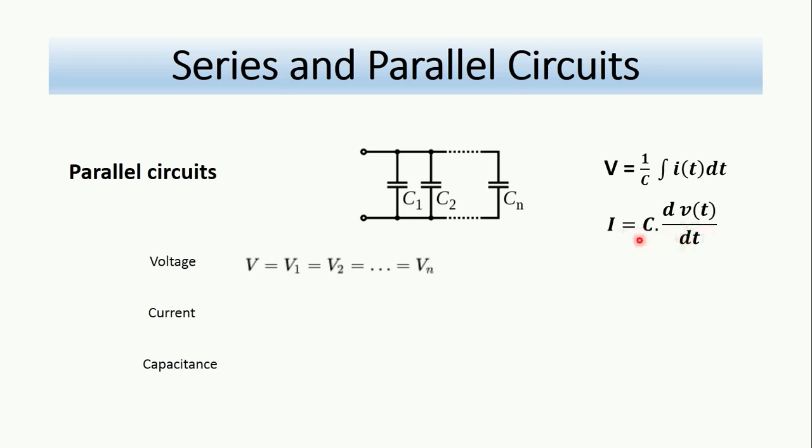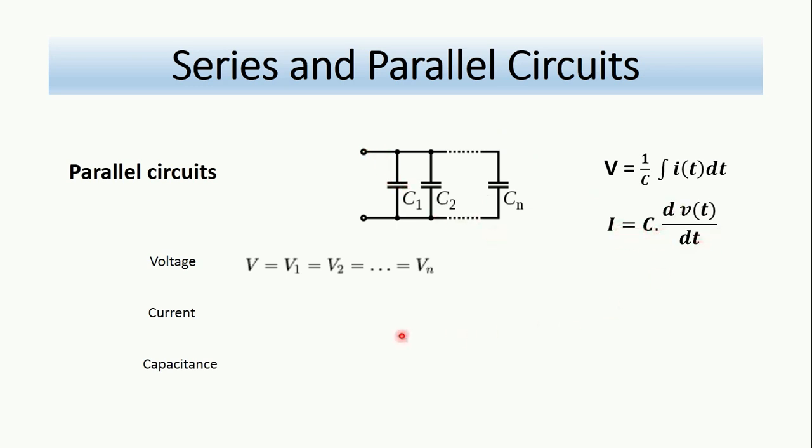So IC1 is just C1 multiplied by this time derivative. The voltage will always be the same. IC2 is just C2 multiplied by this time derivative. And the total current passing here must be equal to C total multiplied by the voltage drop.